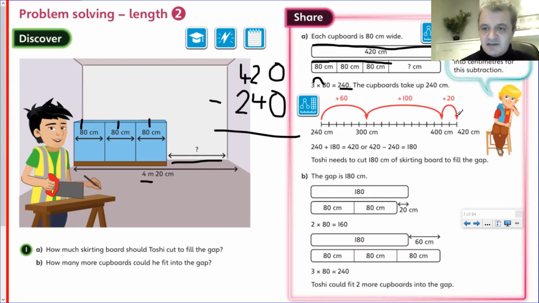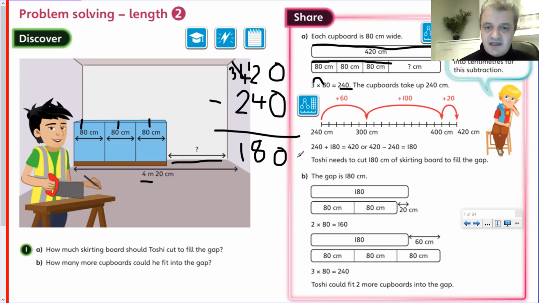Okay, so 420, take away my 240. 0 take away 0 is 0. Now I've got 12 tens, take away 4 tens, 8 tens. 3 hundreds, take away 2 hundreds.